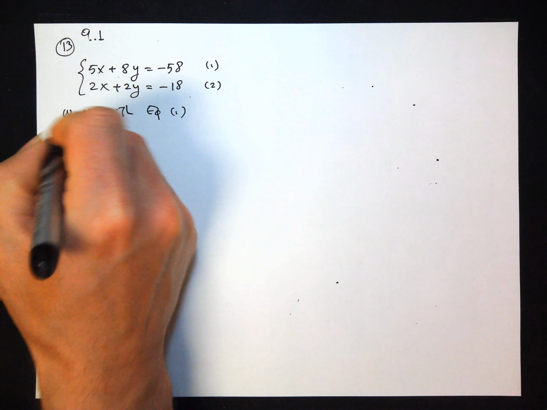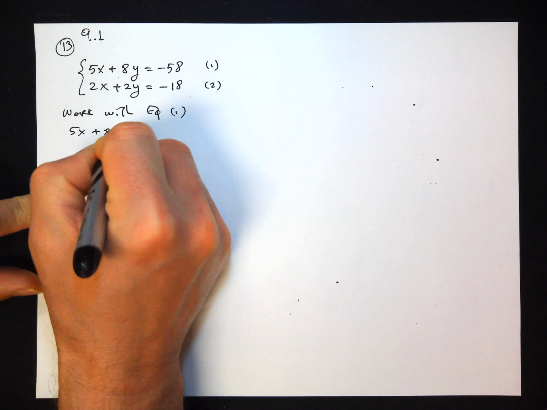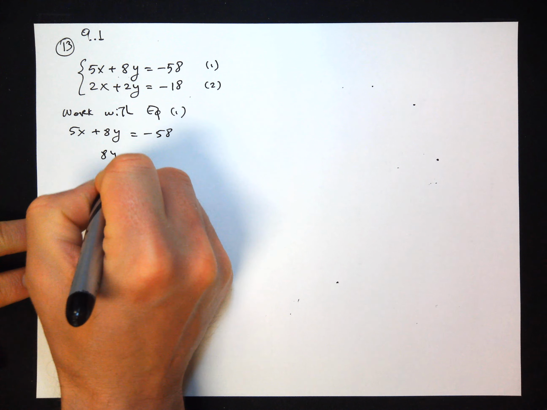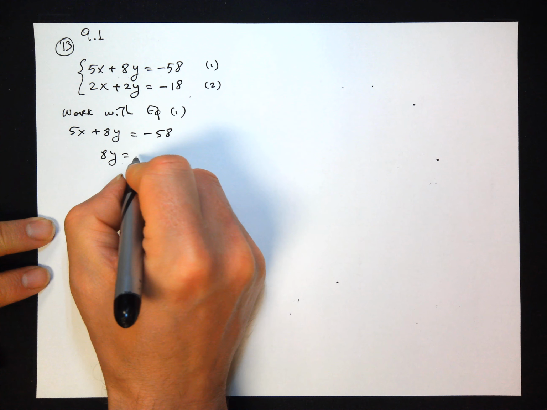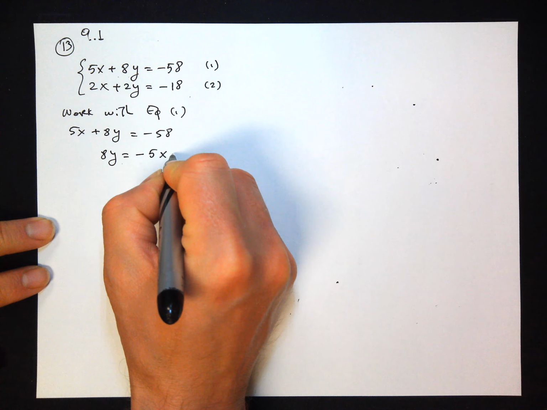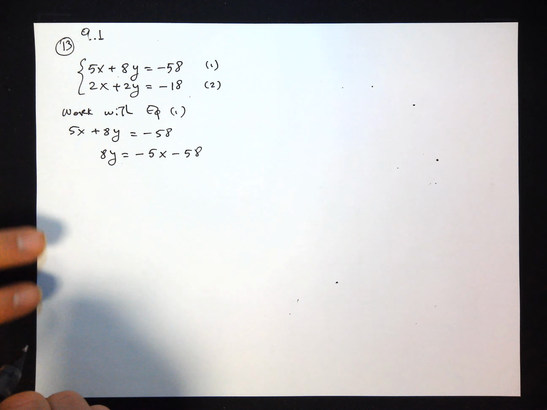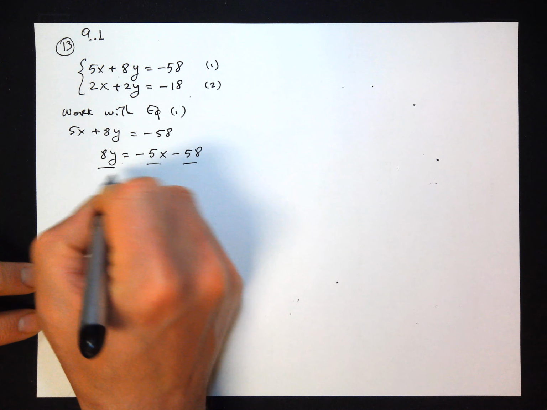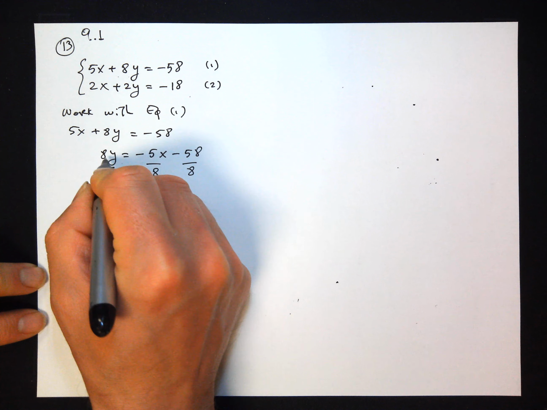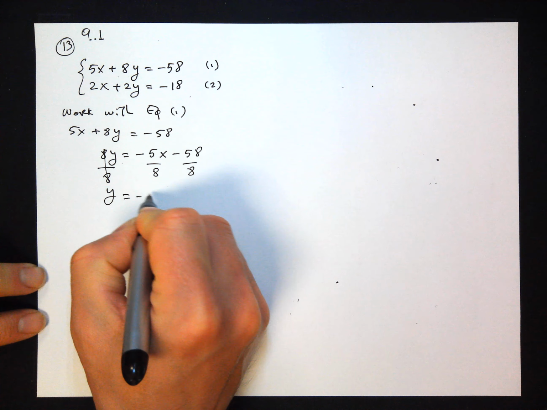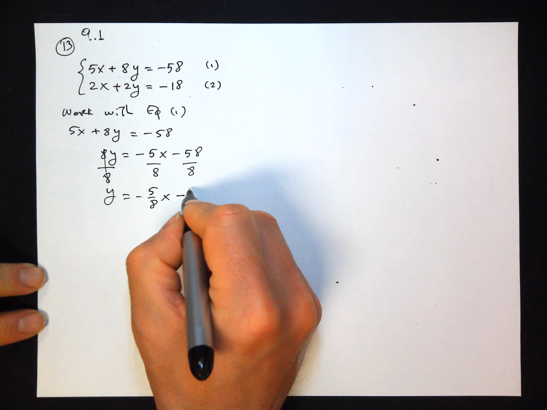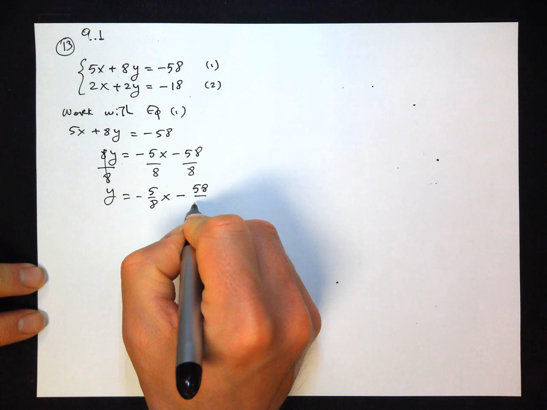So work with equation 1. I have 5x plus 8y equals negative 58. So 8y equals, I'm solving for y, obviously, negative 5x minus 58. Okay, so I divide everything by 8, and then I get y equals negative 5 over 8 x, and then minus 58 over 8.